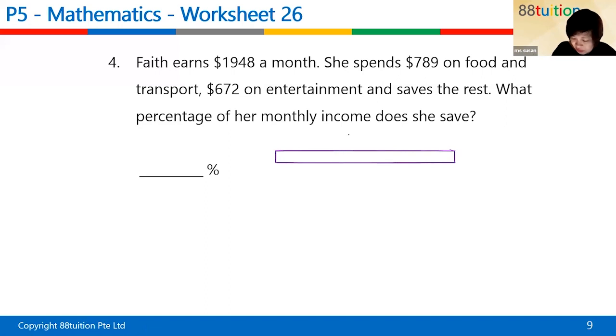So this is the amount that he has, 1,948. He spends on food, 789. Transport, 600. And so transport, probably like that.